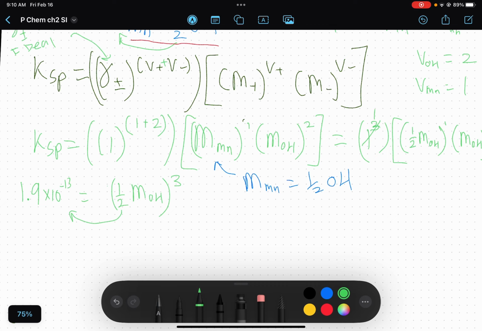So it can be 2 times 9 times 10 to the negative 13 equals mOH cubed. And then you can do the cubed root to get rid of that cubed, which I believe, I'm going to need to plug it into my calculator in a second.